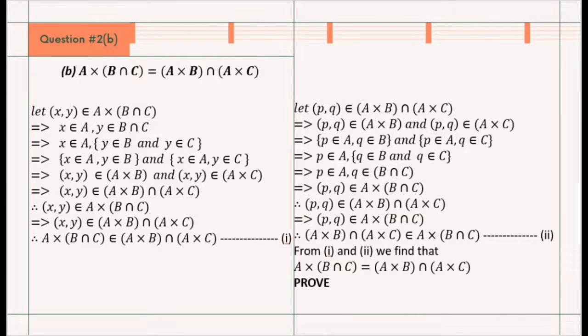Next, we want to show (A cross B) intersection (A cross C) is a subset of A cross (B intersection C). So let ordered pair (p, q) belong to (A cross B) intersection (A cross C).